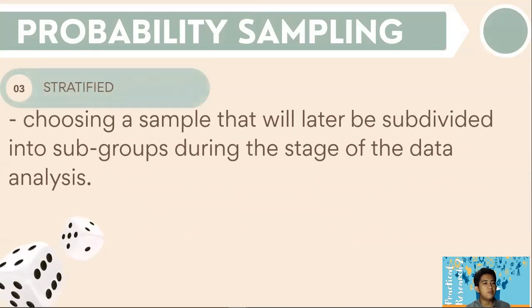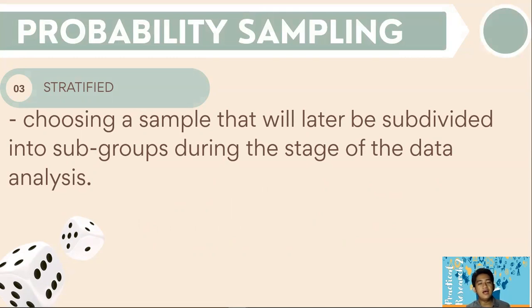For stratified sampling, it's choosing a sample that will later be subdivided into subgroups during the stage of the data analysis. An advantage of using stratified sampling is that it is a more accurate sample. And it can be used for both proportional or non-proportional samples.